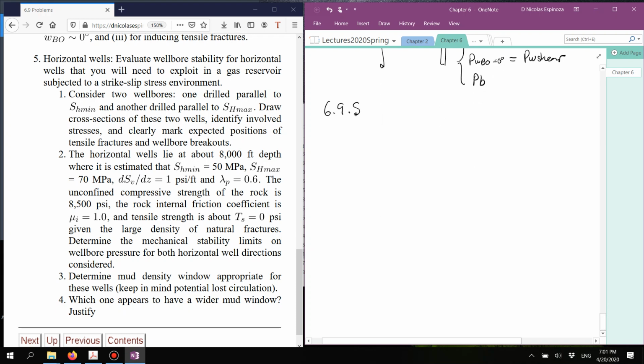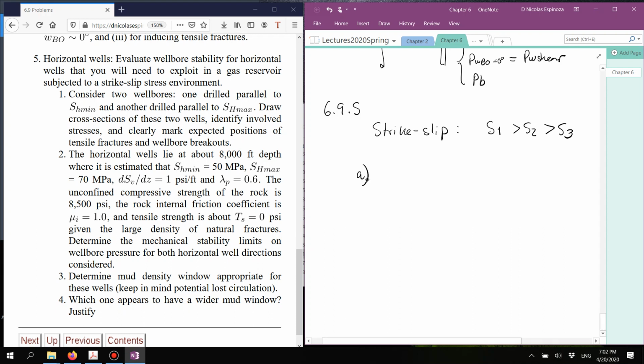And in problem 695, you are in a case of strike slip. So you will have to recognize which is S1, which is S2, and which is S3. I'm not going to tell you what the solution is. And you're going to have to consider first a case of a wellbore drilled in the direction of SH max.